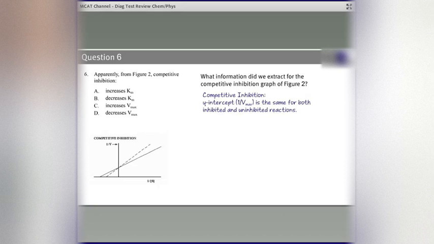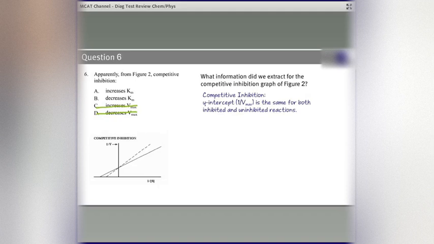If 1 over V max hasn't changed, there's something else that hasn't changed. If 1 over V max didn't change, what else are we absolutely certain didn't change? Very good. Ibrahim's got it. C and D are gone. Because if 1 over V max didn't change, V max didn't change, right? If the inverse of something doesn't change, that number has to stay the same.